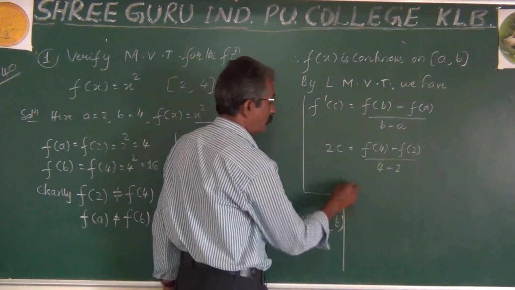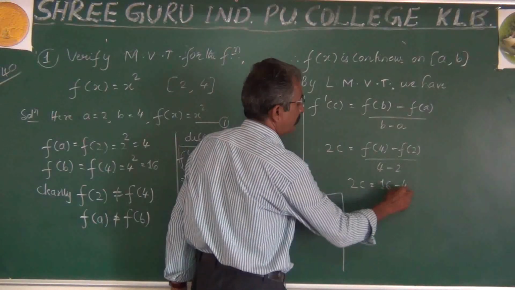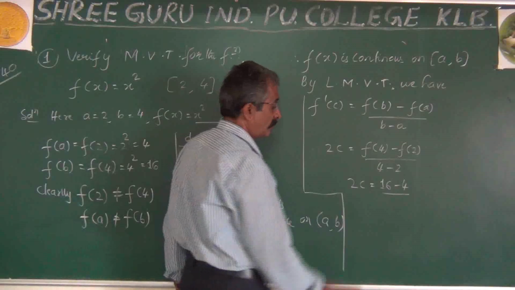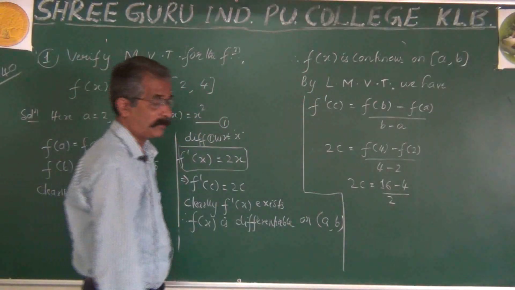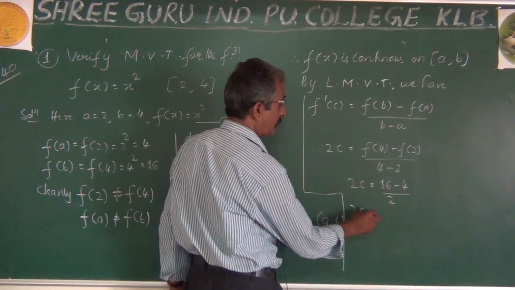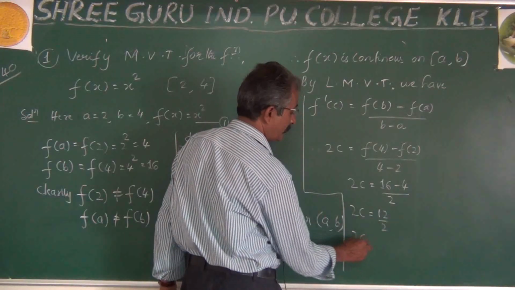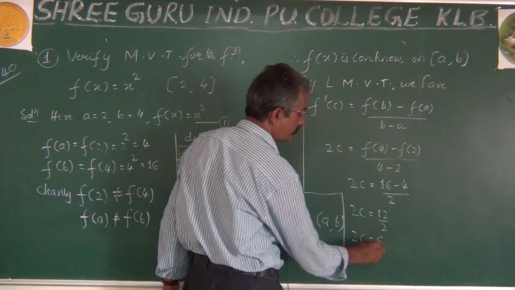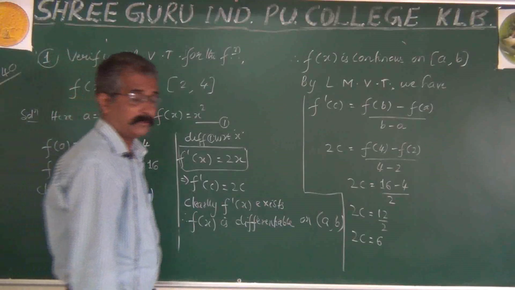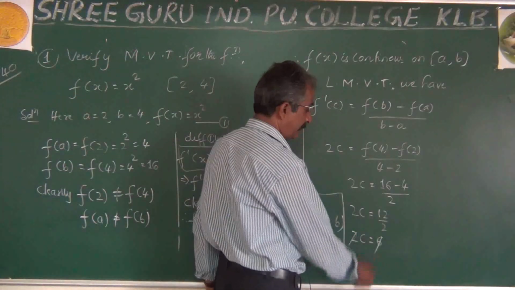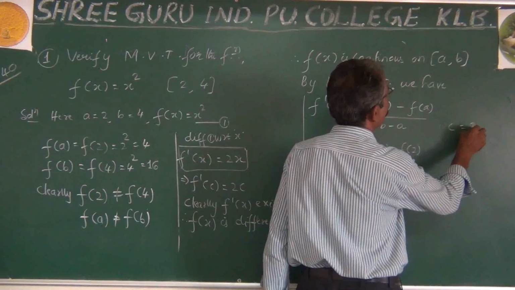So 2c equals f of 4 which is 16, minus f of 2 which is 4, divided by 4 minus 2 which is 2. Or 2c equals 12 by 2, or 2c equals 6. Cancelling 2, we get c equal to 3.